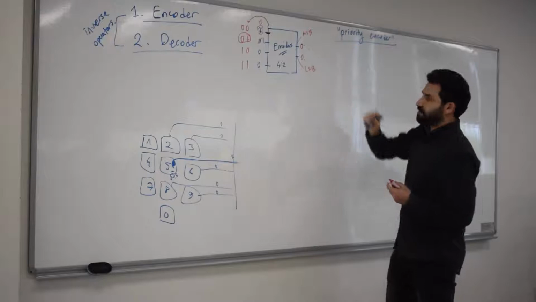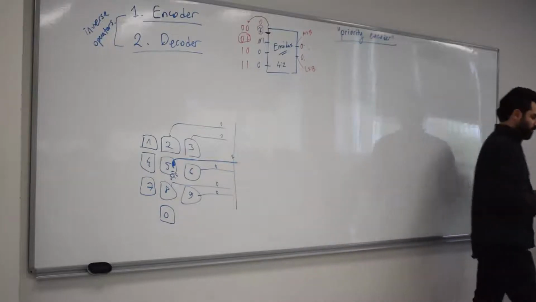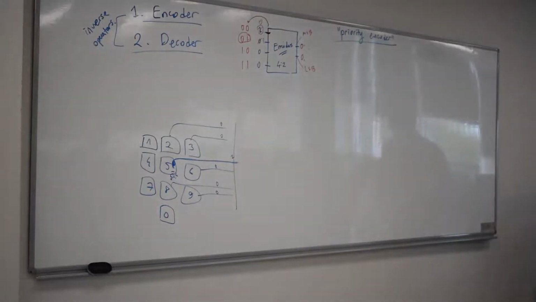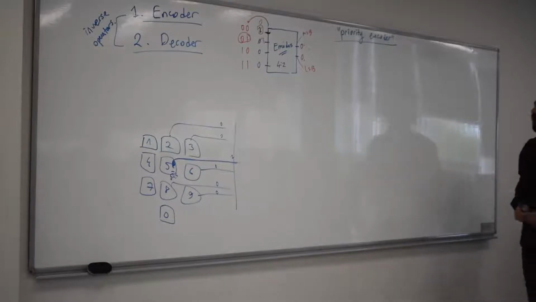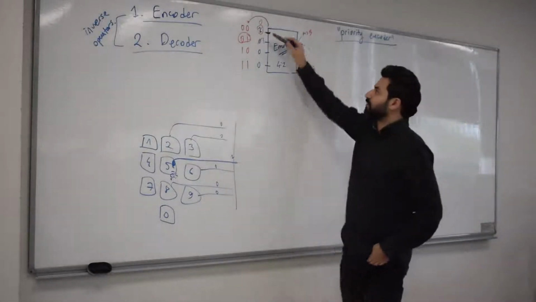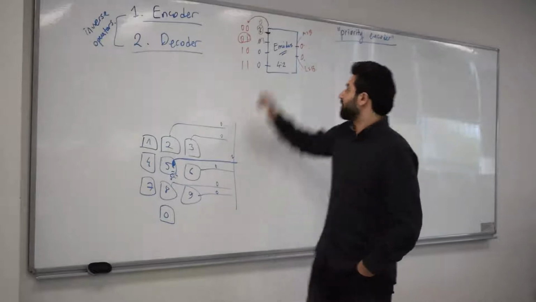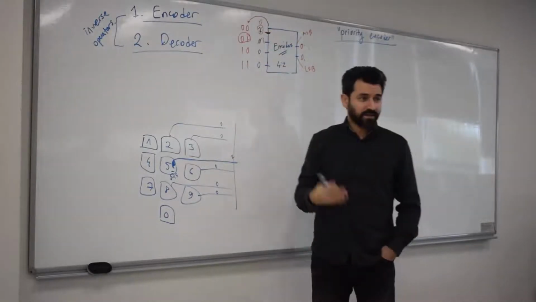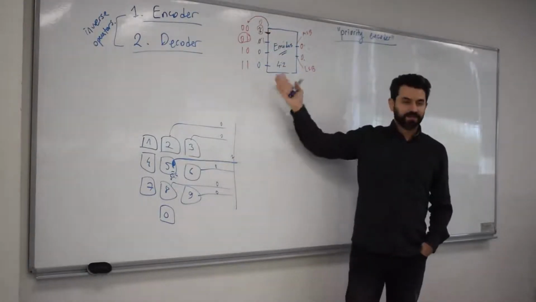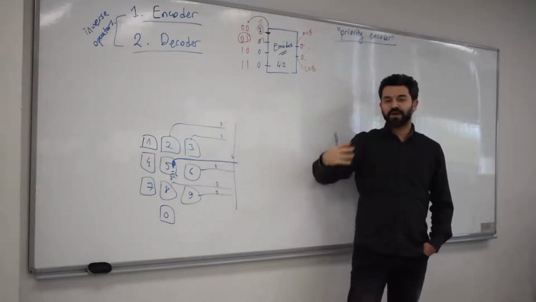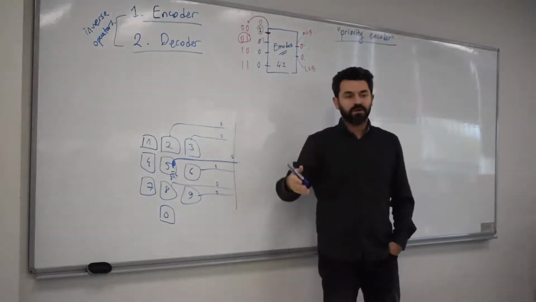Remember that discussion? What does that mean? A priority encoder looks at specific inputs that are not valid, such as 1010. That's not a valid input, because the general description of an encoder expects only one of the inputs to be 1, and the rest to be 0.